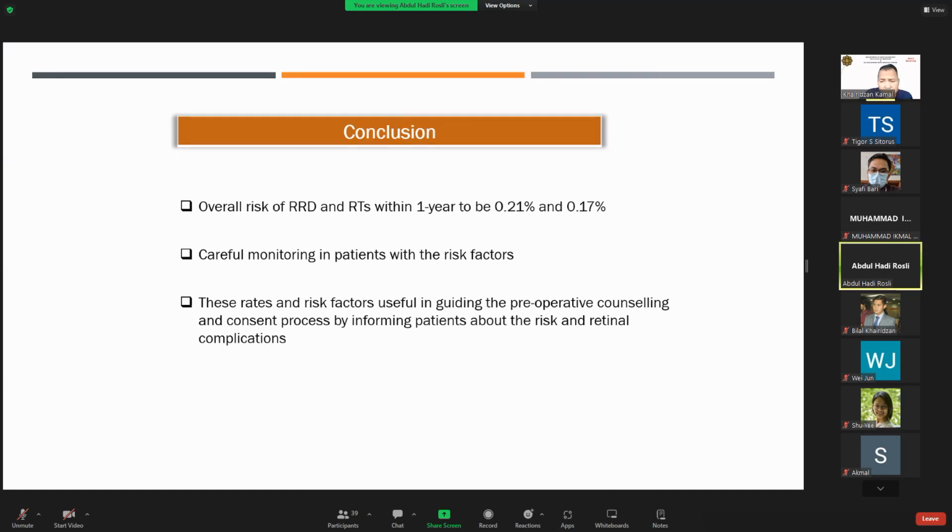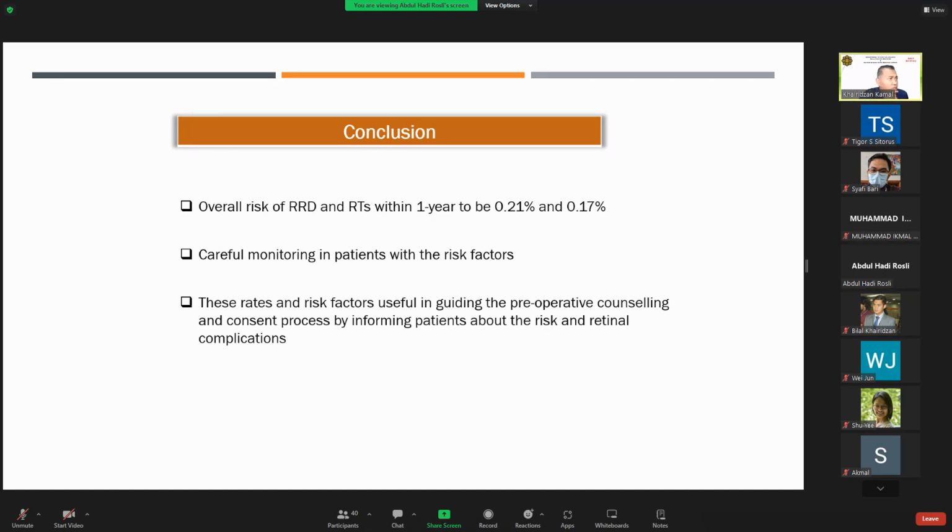Yeah, Prof. 0.2 means that 2 in 1,000. Mm-hmm. 2 in 1,000. So that is almost like the average incidence of endophthalmitis, yeah, endophthalmitis post-op basically.